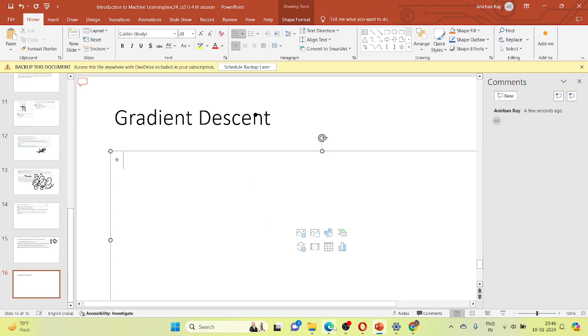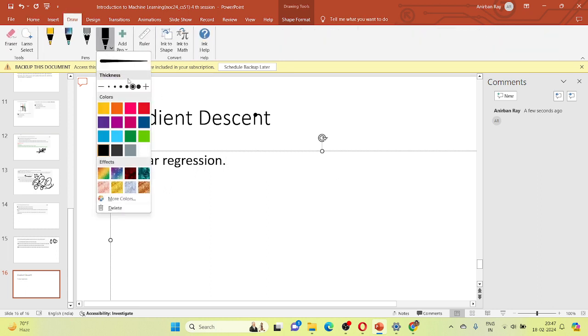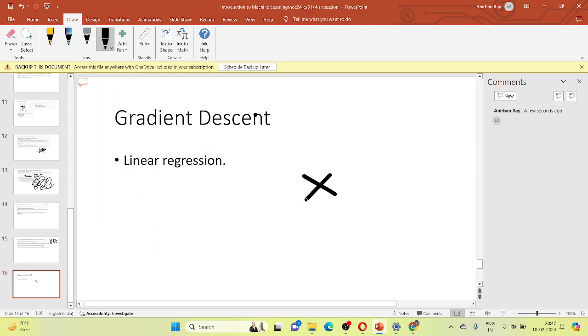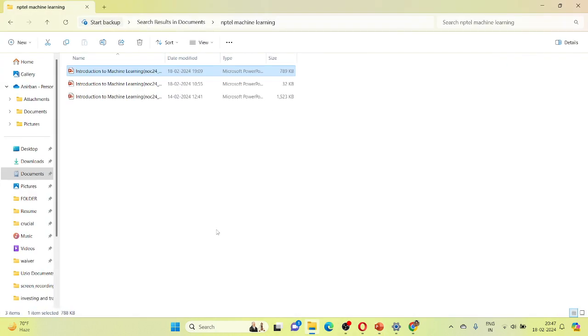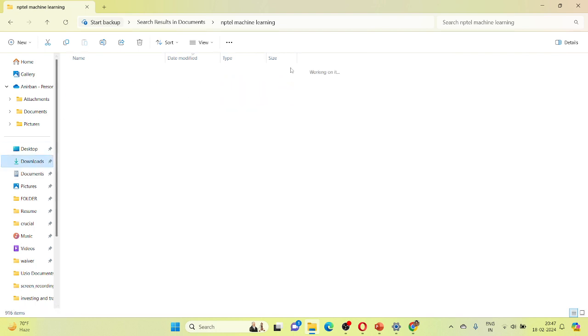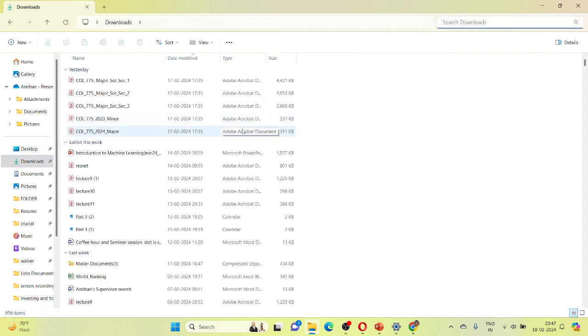Previously you have seen that we have derived the closed form of the solution for linear regression, which was this: x transpose x inverse, and what was the formula? Maybe this is the one.